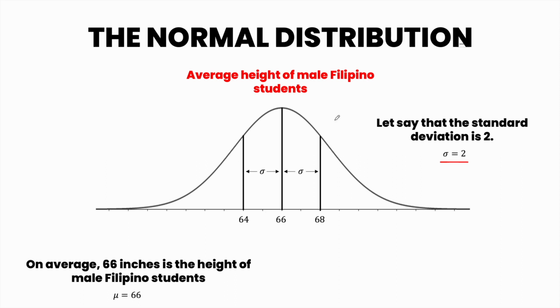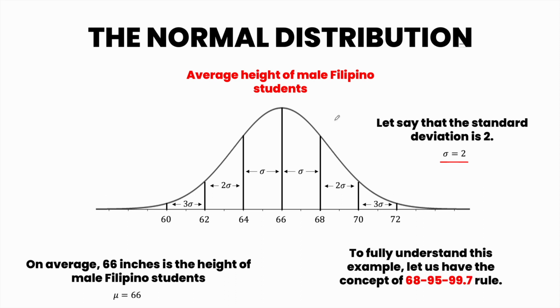From 66, we're going to 70, which is 66 plus 4, or 66 minus 4, which will be 62. And we have 2 standard deviations away from the mean. At this time, let's have 72 to the right and 60 to the left. So from 66, we are 3 standard deviations away.